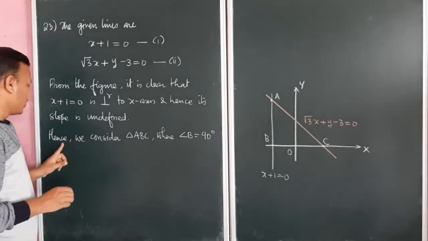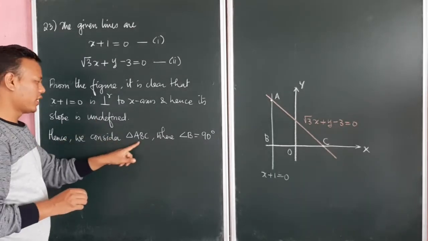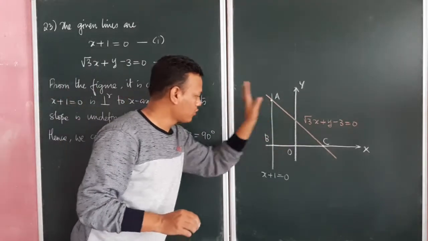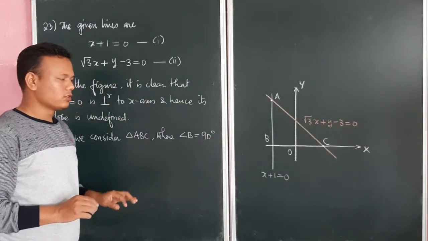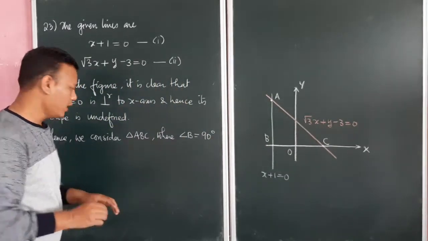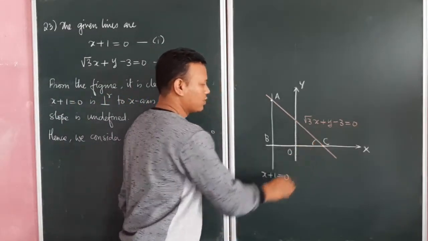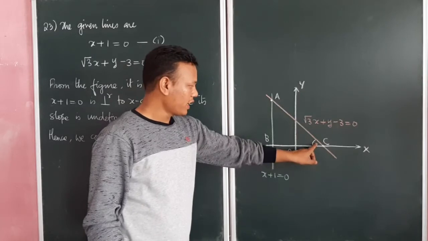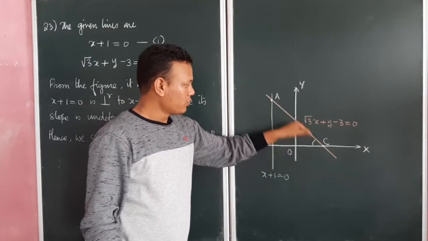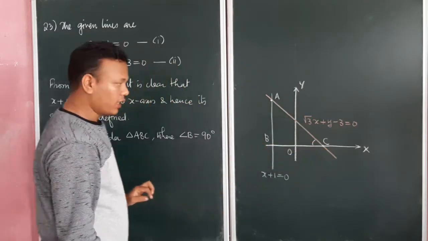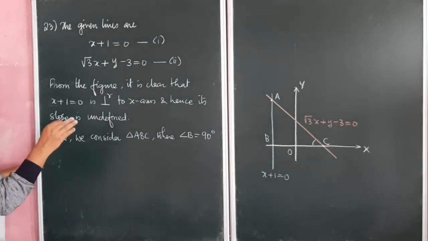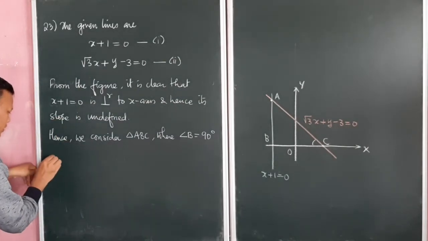Hence we consider triangle ABC, where angle B is equal to 90 degree. Now in this case we are going to find this angle, as I said earlier. So this angle is what? This is the angle between the line and the x axis. So we have slope of BC.